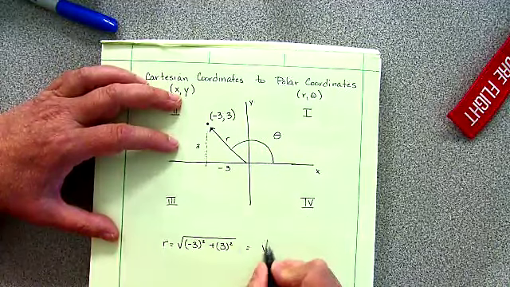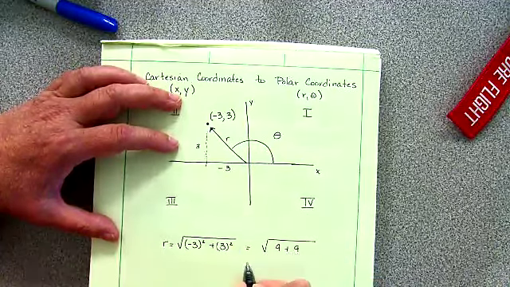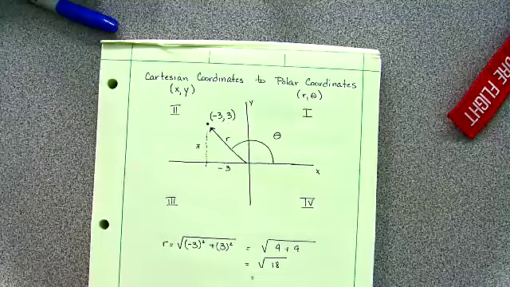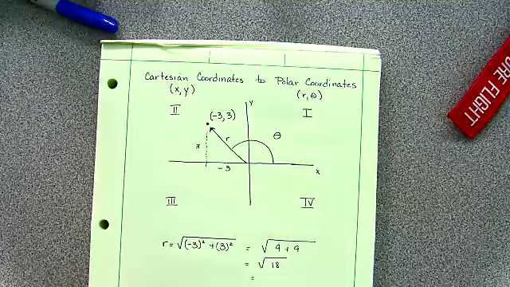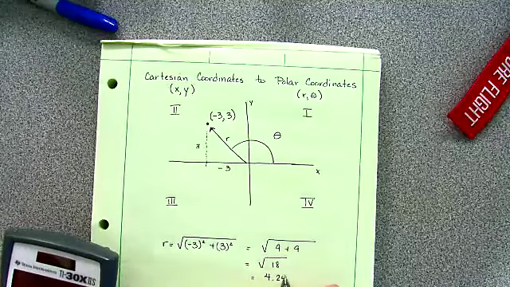So that's going to be the square root of 9 plus 9, which is the square root of 18. And I never was good at doing squares in my head. So this gives us that our R is 4.24.